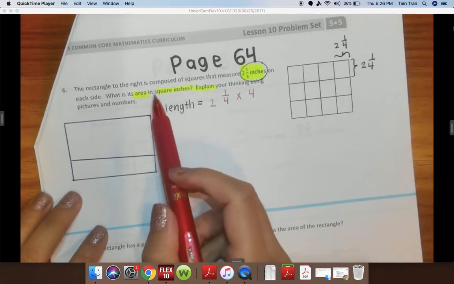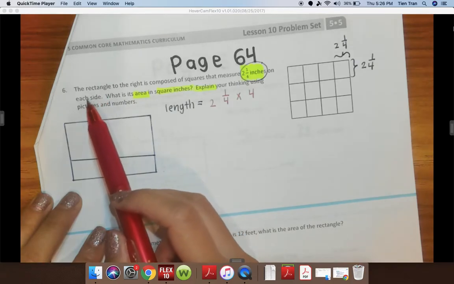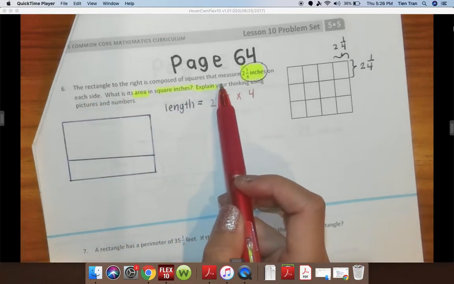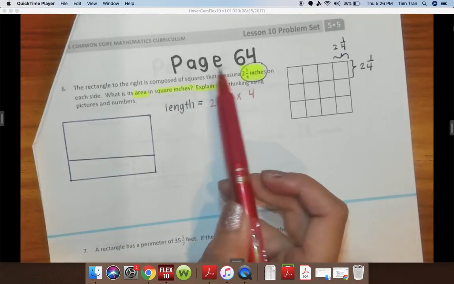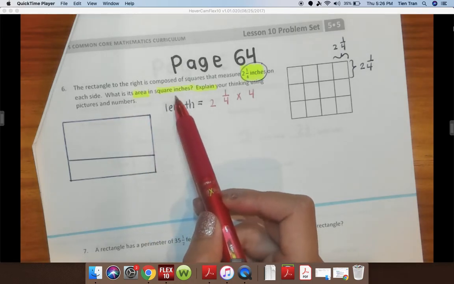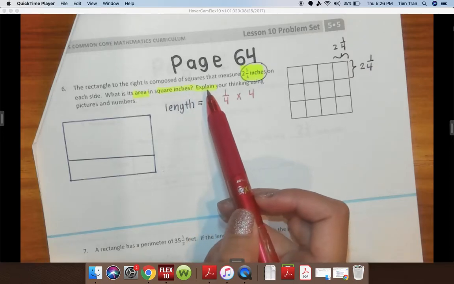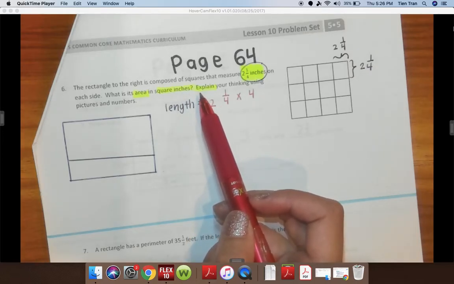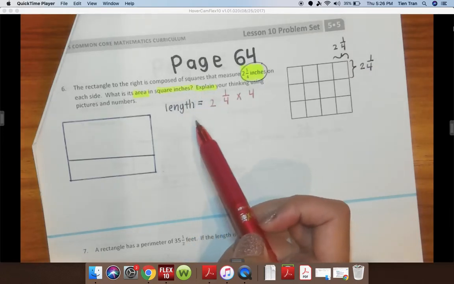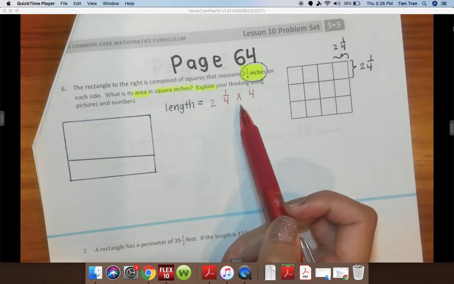Okay? Because it's asking me if the rectangle to the right is composed of squares that measure 2 and 1/4 on each side, what is the area in square inches? I need to make sure that I'm multiplying it by 4 in order to figure out what my answer is. So I am going to multiply times 4.